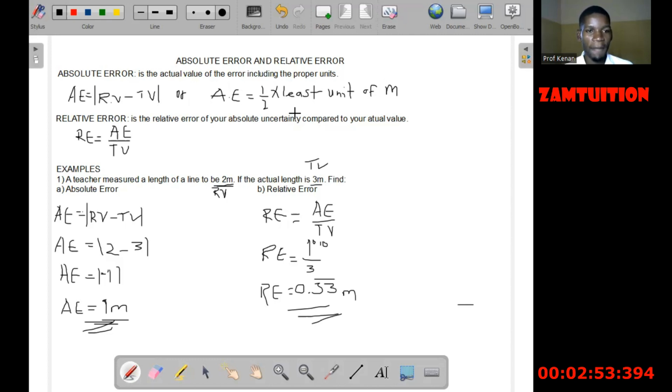The first one can only be used when you have been given two values, the recorded value and the true value.